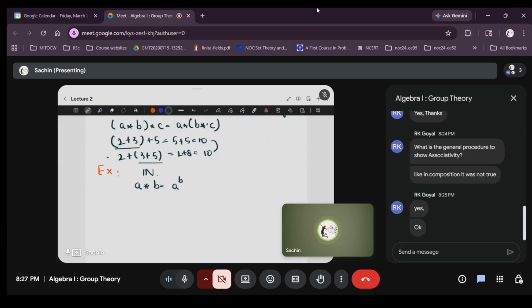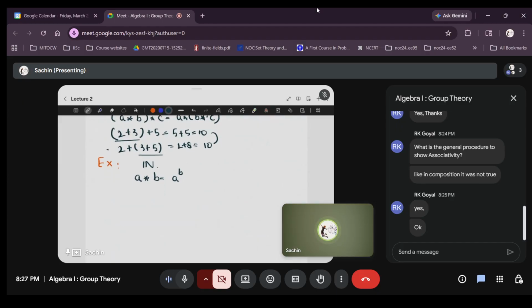In this case, you would have (a star b) star c is a power b, star c, which is (a power b) whole power c.